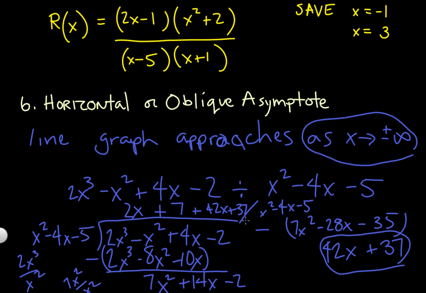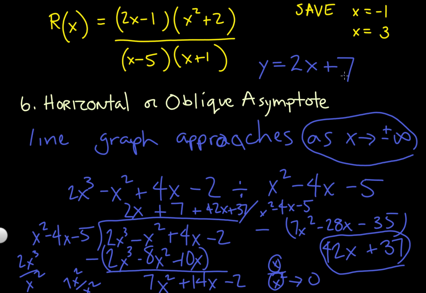We've got basically an x over an x squared, so a small number in the numerator and a large number in the denominator. As x approaches infinity, this fraction approaches 0. So basically the remainder doesn't matter, and we get an oblique asymptote at y equals 2x plus 7.